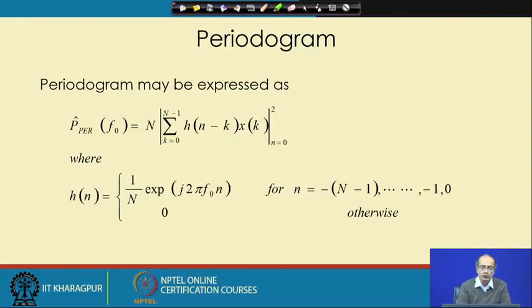Now, here we have chosen a particular frequency f 0 for our derivation. However, it could be any frequency. At this moment we are just trying to concentrate on a particular frequency, so that if we can find the meaning of the periodogram estimate there, then we can generalize it and compute it for any other frequency.